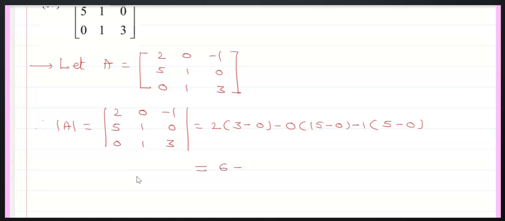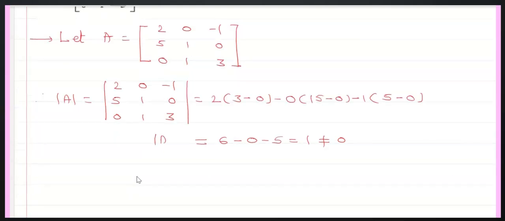6, 0 minus 5, that is 1, which is not equal to 0. Therefore A inverse exists.